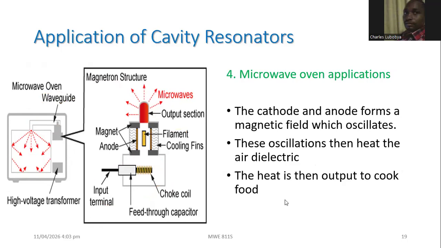They are widely used. I'm hoping that if we undertake a tour, we can actually see some of these components in real terms. Any telecommunication company will have waveguides. Any mobile communication system has waveguides. Any satellite communication system has waveguides.